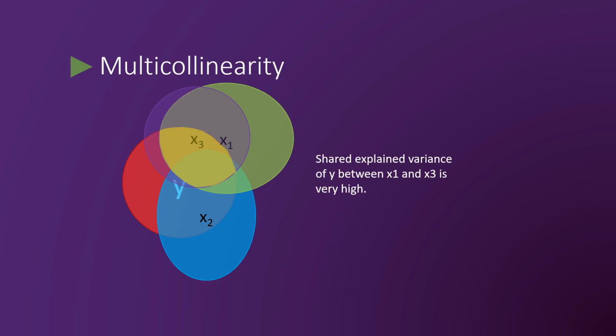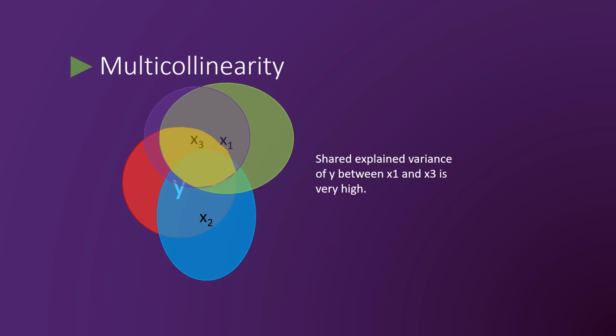Where it's still green overlapping red, and where it's still purple overlapping red without overlapping anything else, those are very slim slices here. And this might actually cause an issue, which is called multicollinearity. Multicollinearity will cause your analyses to become unpredictable and unstable.